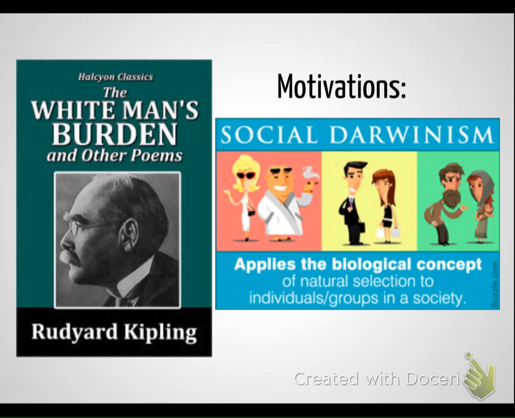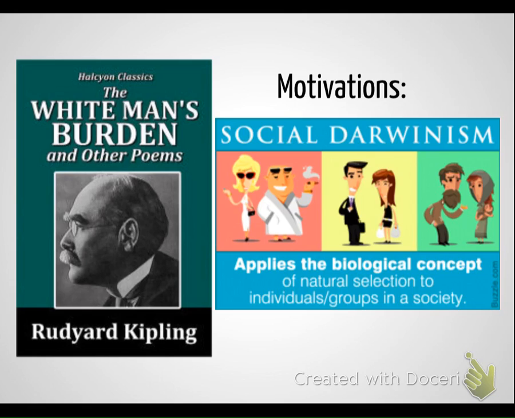Now, some of the motivations for this, besides money, which is a big one, we see some other things emerge. One, we see the poem, The White Man's Burden, this idea that it is the job of Europeans to go in and civilize and Christianize Africa. And we also see this kind of combined with social Darwinism.